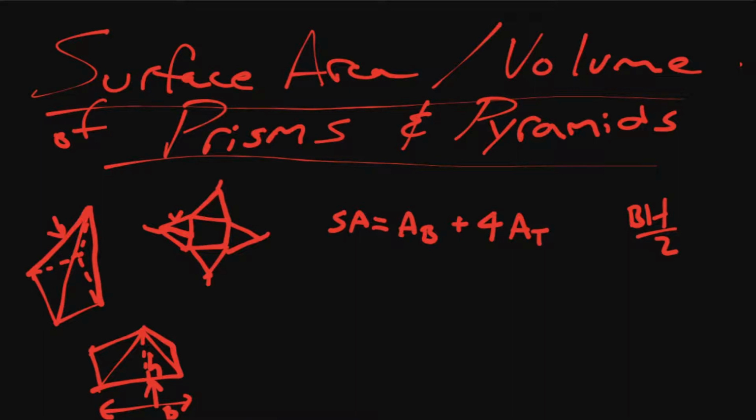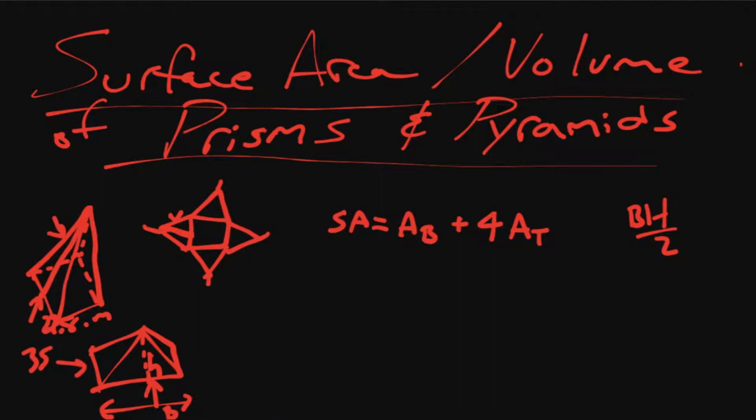Now for the square, if you're given one side, let's say this middle length here is given to be 27.8 meters, and that's the height of the triangle, and then I'm given a base of 35 meters.